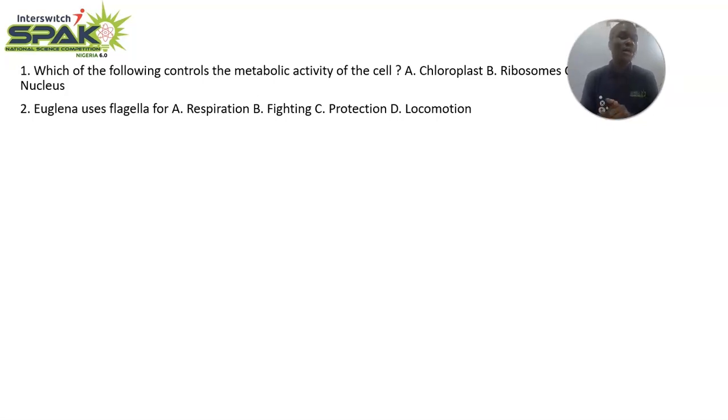Other locomotory organelles in the animal kingdom include the legs, the fins of fish, and among the protozoa, you still have flagella used for movement in some, and we have cilia. For example, in amoeba, we have pseudopodia. Pseudo means false.